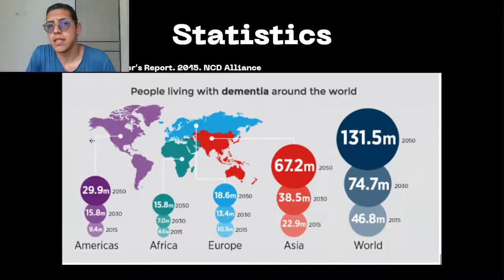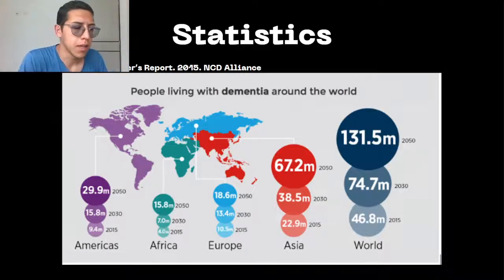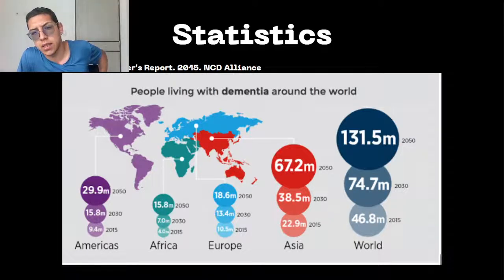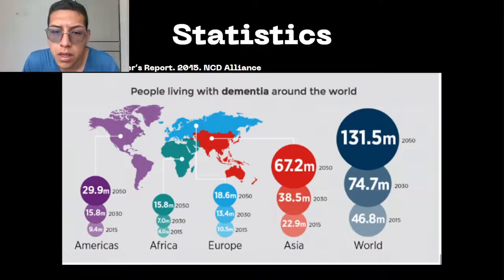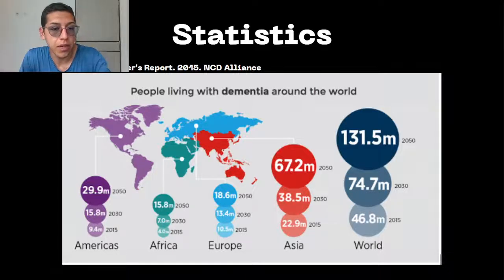Then we have statistics, and this graph is displayed from the World Alzheimer Report made in 2015, which shows that the world tends to increase its cases of Alzheimer's. The most affected continent is Asia, and the least affected is Africa.